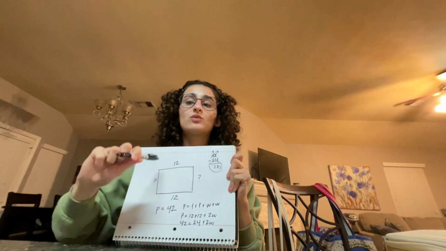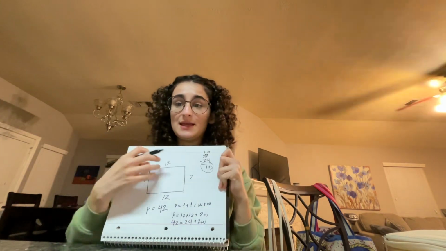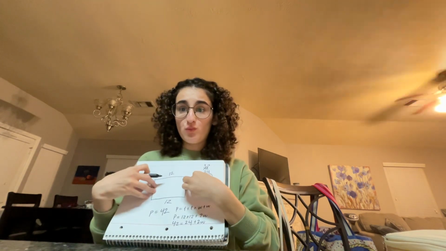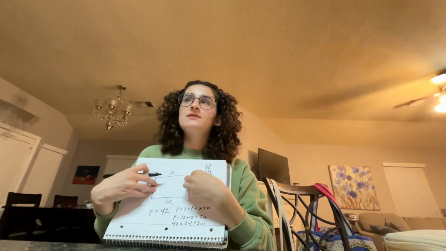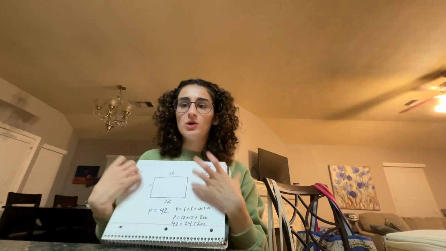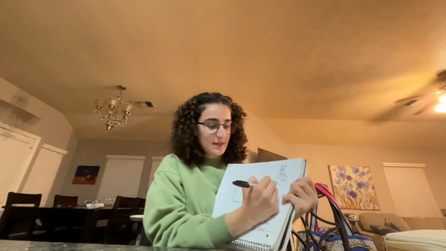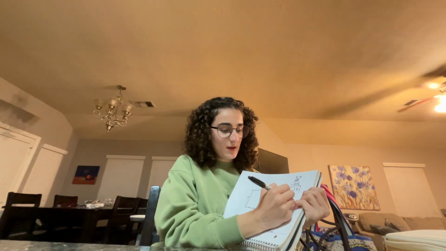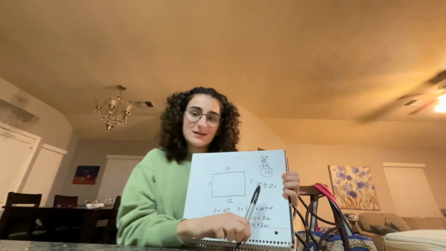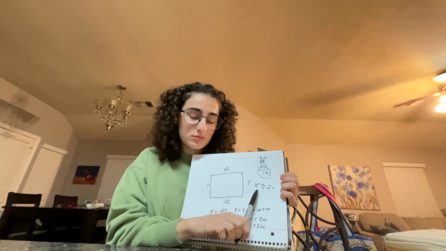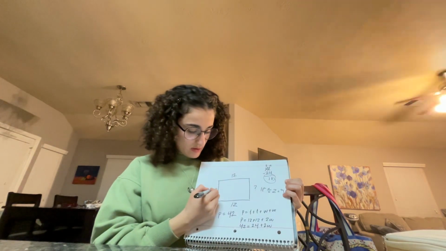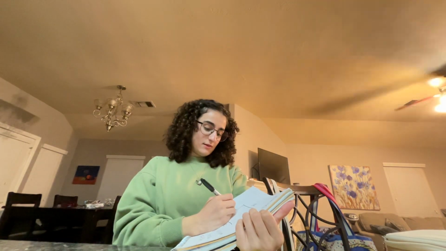So how much would just one side be, if 18 is being split into 2? What's another way of saying 18 being split into 2? 18 divided by 2, right? So what is 18 divided by 2? 9. So we know, ooh, this one is also 9, like the last problem.